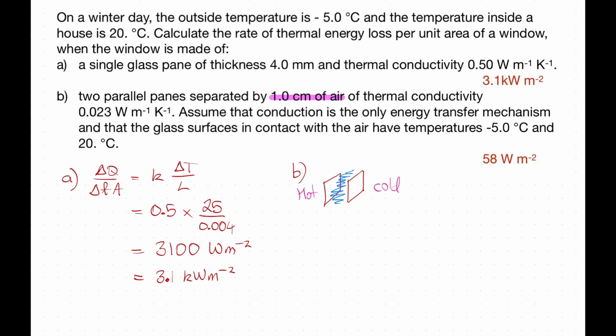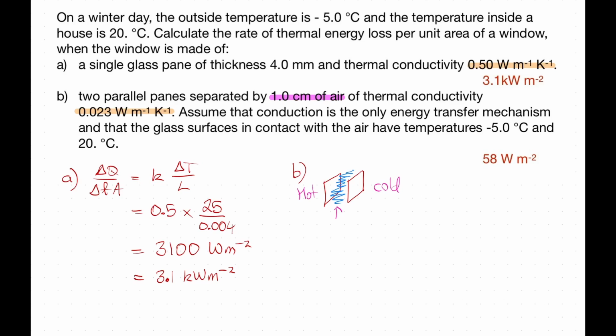The only problem with this is that when we're looking at the thermal conductivity of our different items, we have the thermal conductivity of the glass as being 0.5 and the thermal conductivity of the air being 0.023. So the part that's actually going to restrict the thermal transfer is the air in between.